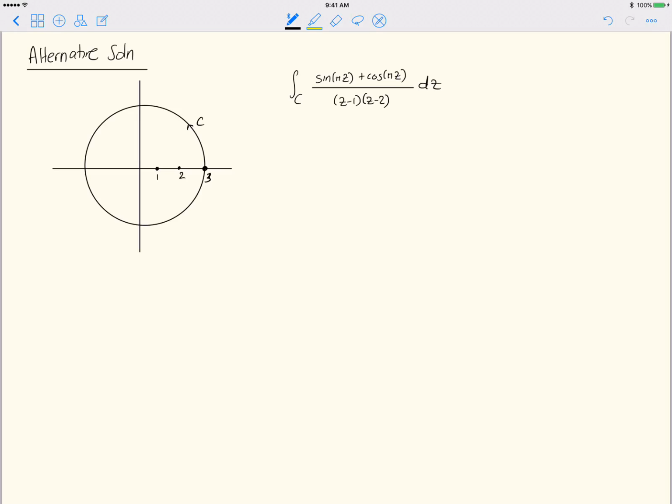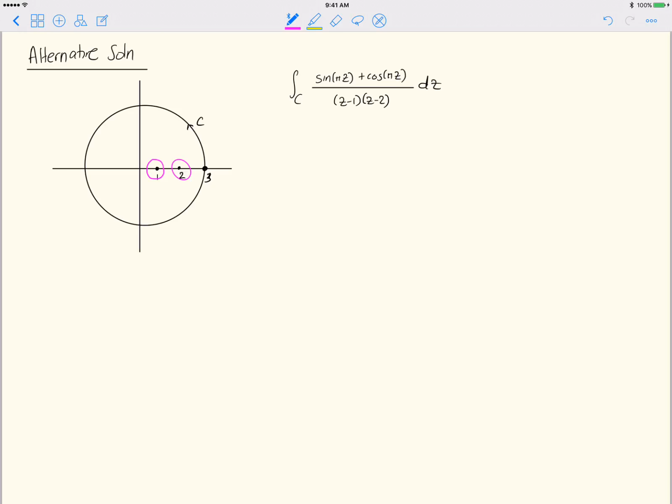Now, the alternative trick for this question is to construct a multiply connected domain. So what you do, you draw circles around 1 and 2. Okay, let's say those are circles.